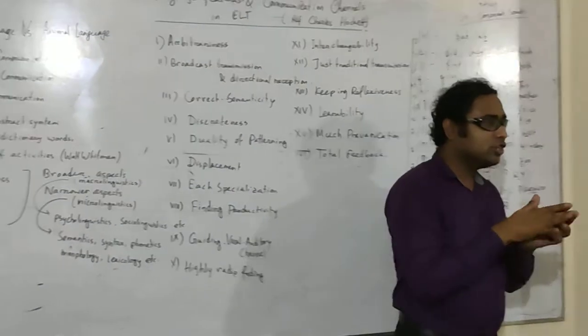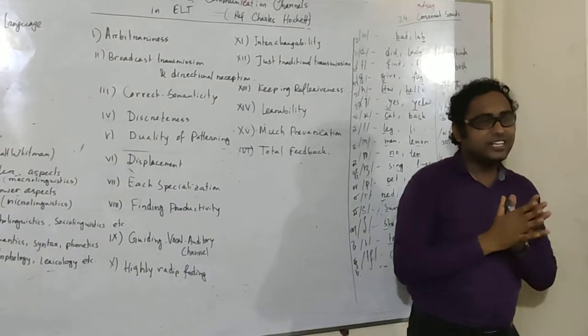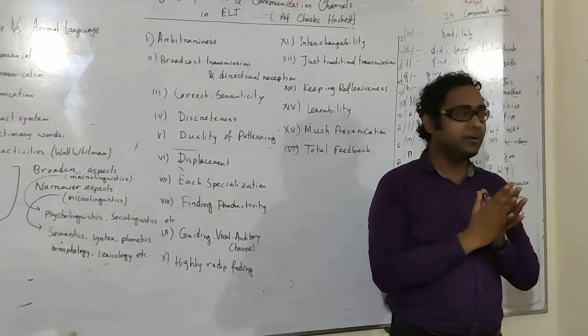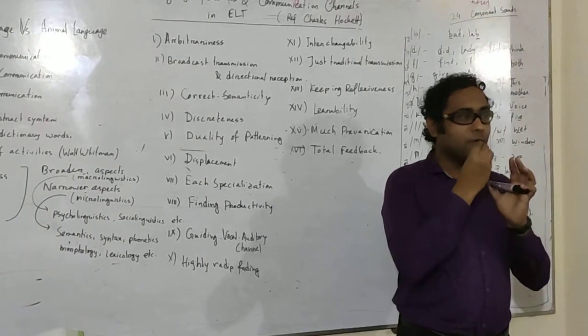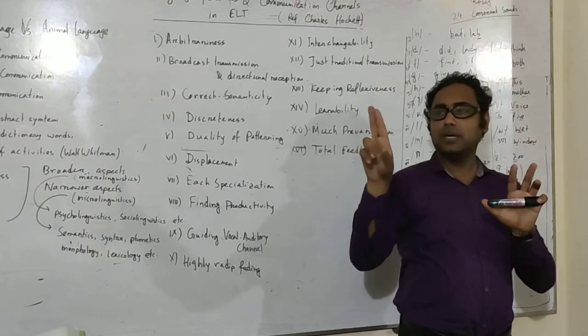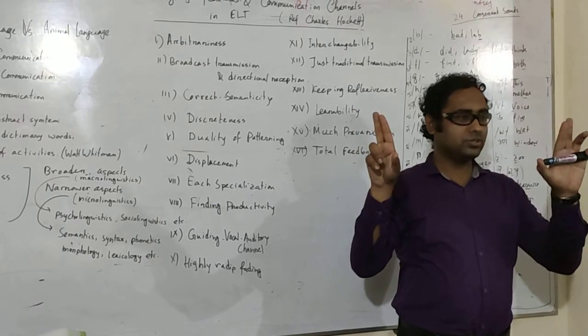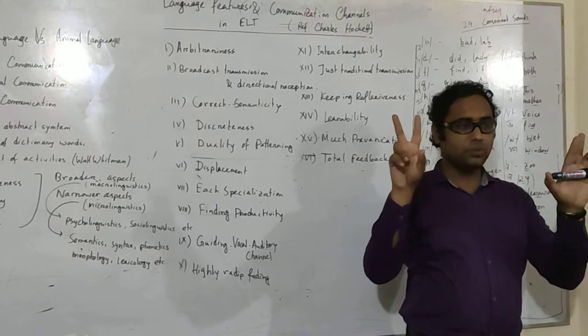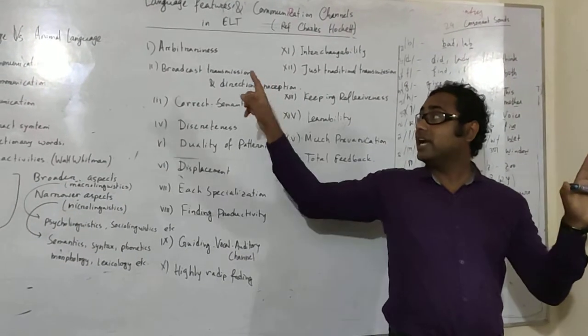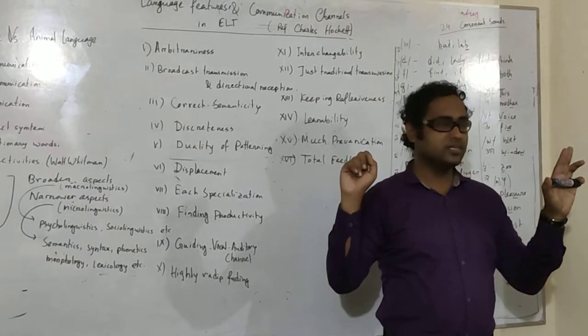Human language depends on communication. And human communication has a kind of medium, that is the vocal-auditory channel. There is input and output. One person is a speaker, another person is a listener. But in animal language, there is no speaker and listener.